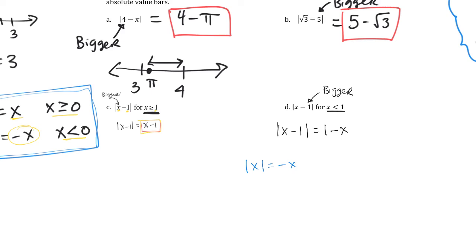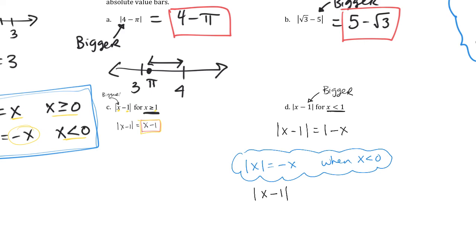You can also use that formal definition: the absolute value of some input is the opposite of the input when x is negative. And if we used logic on here, a number smaller than 1, minus 1, something's little and then you're subtracting 1, this is negative.